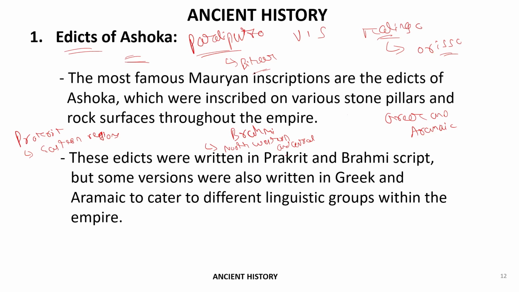Greek and Aramaic was basically for far western areas, or you can say the present area of Afghanistan, Iran, and Pakistan also. So he used three languages: Prakrit for eastern regions, Brahmi for northwestern and central parts, and Greek and Aramaic for western areas. Got it?